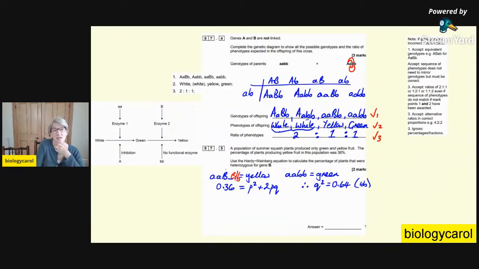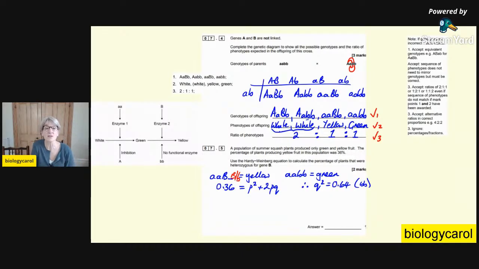Because this is a dominant allele, we're talking about big B here, because this phenotype, the yellow phenotype, requires at least one dominant allele for the B gene, 0.36 equals these terms in that long Hardy-Weinberg equation, p squared plus 2pq.